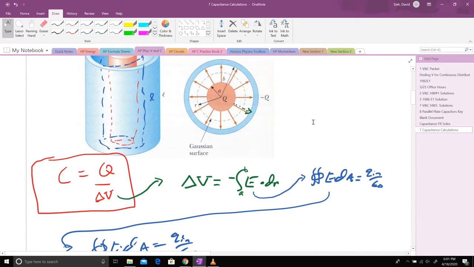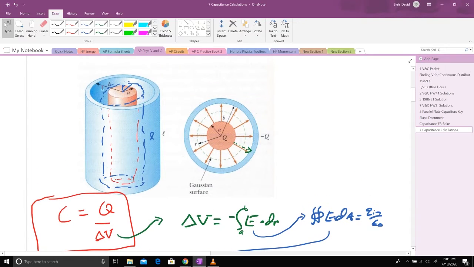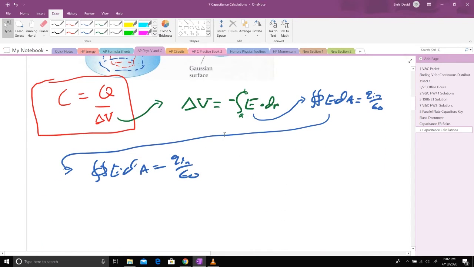As I go from the inner surface to the outer surface, the E field strength is going to be changing, but by symmetry, looking at that right diagram, anywhere on this Gaussian surface that I'm drawing in here, that E field is going to be the same strength. Those E field lines will be spaced the same separation distance. So that means that E is a constant. Actually, before I say that, I should say a few words about the dot.